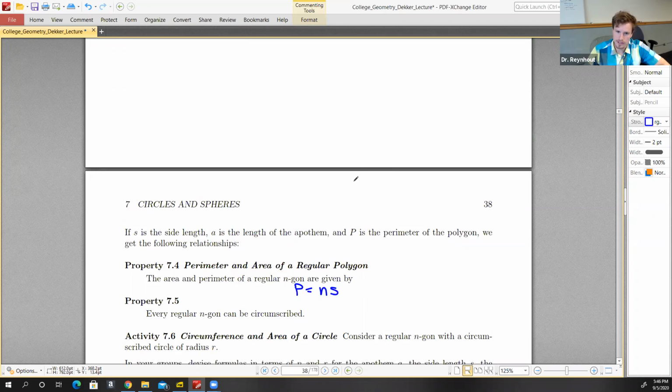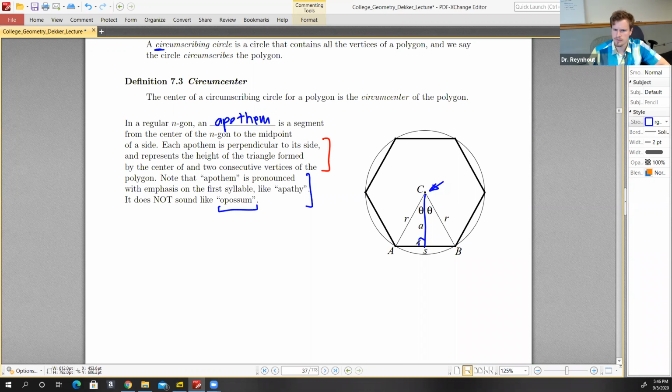Okay, what about the area? That one's a little bit more interesting here. Of course, there's a few different ways that we can do this, but here we have the example of the hexagon. So we take this regular n-gon is what we're interested in. There are n triangles that will be made. The height of the triangle is given by A. The base of the given triangle is S. So S times A, but we only want half that: 1/2 S times A, 1/2 base times height.